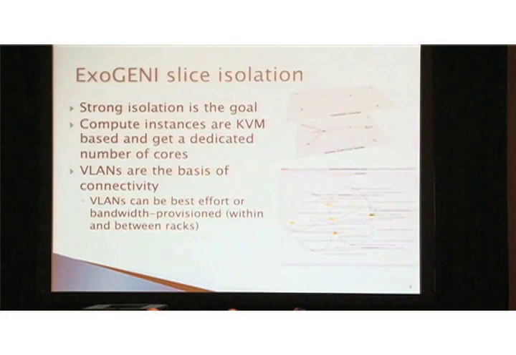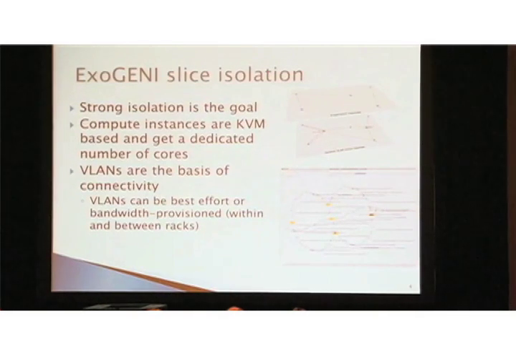Next slide. The big focus of ExoGENI is performance isolation. It comes in a variety of flavors, but one of the things we do, when it comes to providing virtual machines, which is the most typical computational sliver within ExoGENI, is that we don't oversubscribe the cores. So when we tell you you've got so many cores in a virtual machine, that's really the cores you're getting.